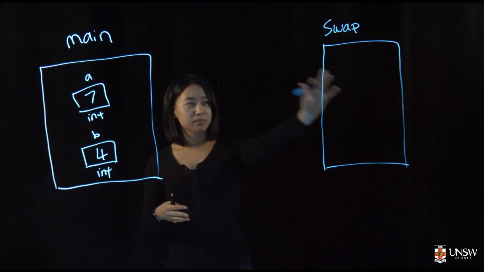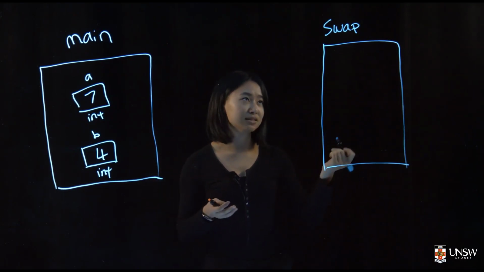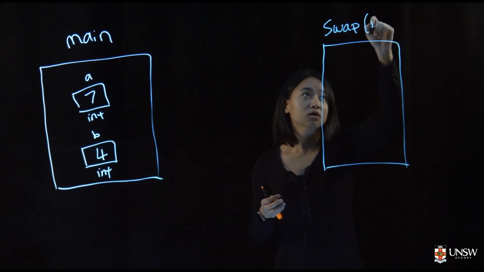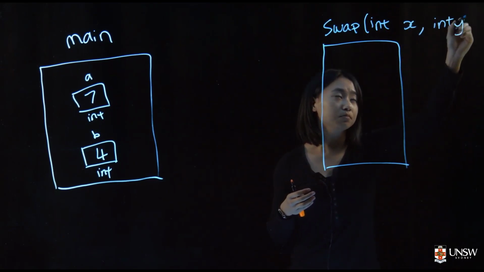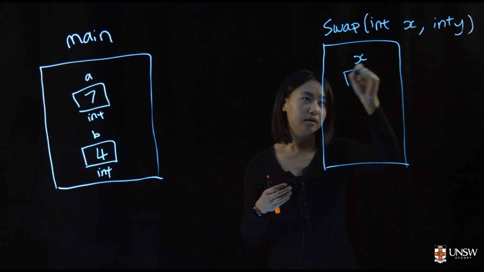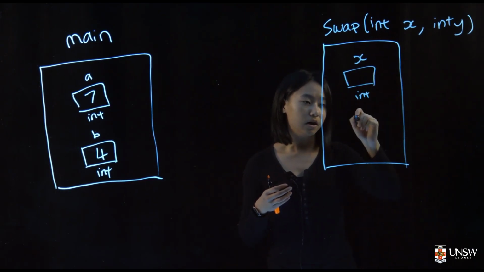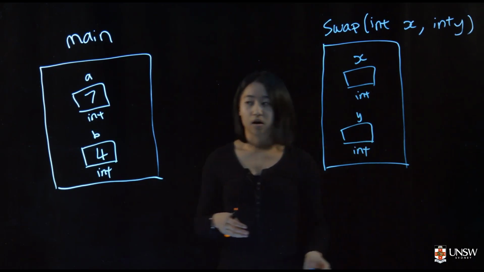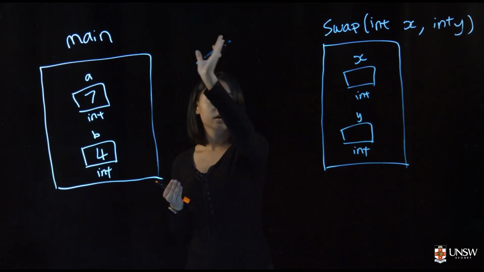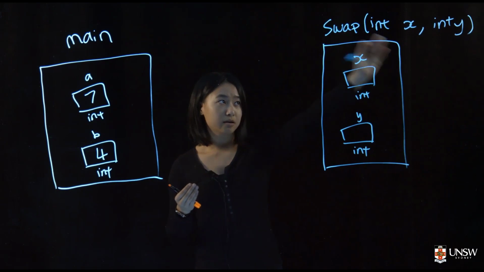So if I wanted to implement this function in the usual way, I'd probably say that swap needs to take in two integers, let's call them x and y. So I'll have an integer x and an integer y. And you probably just want to give swap the values of a and b.